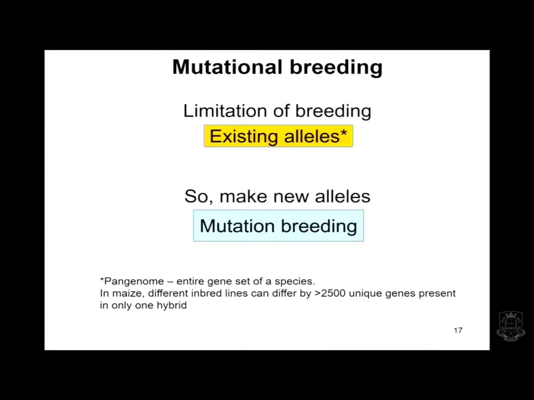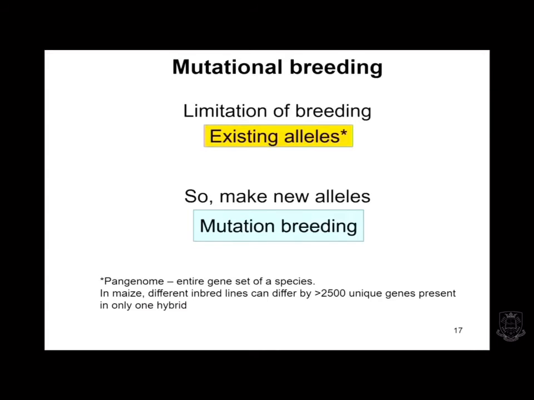For many crops, this isn't just relating to your elite lines. This could actually also relate to wild varieties that can still be bred with these high-yielding lines as well. So you can utilise wild varieties to introduce new variants, new alleles in. But you are still limited by the presence, the existence of these alleles.